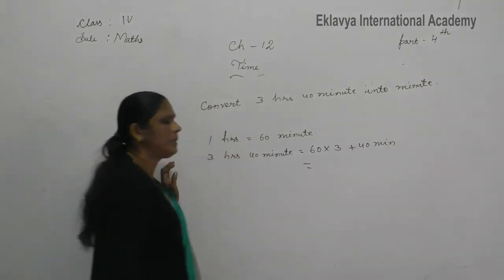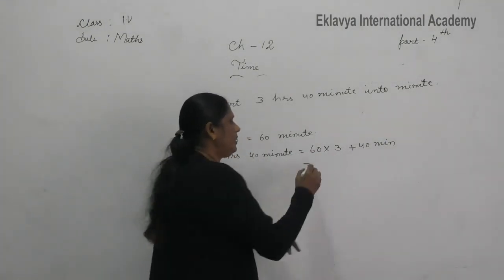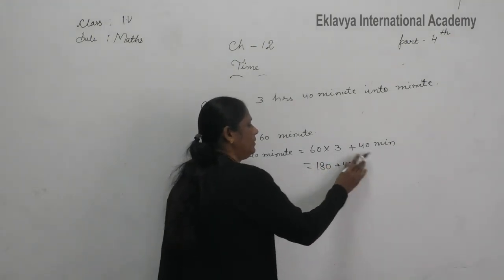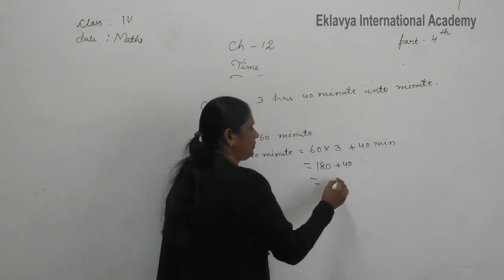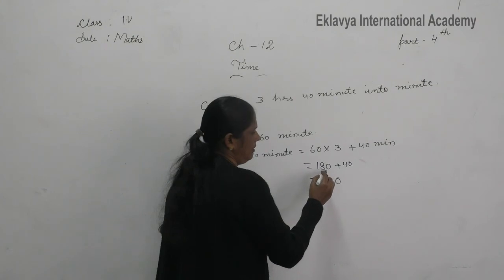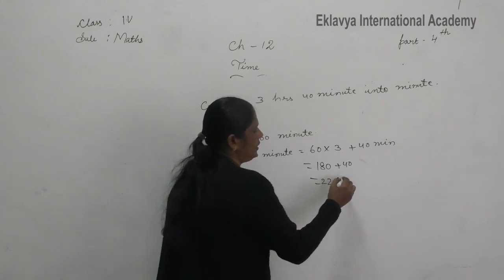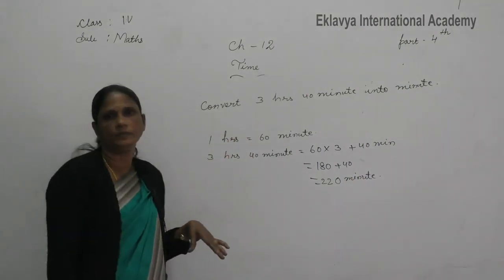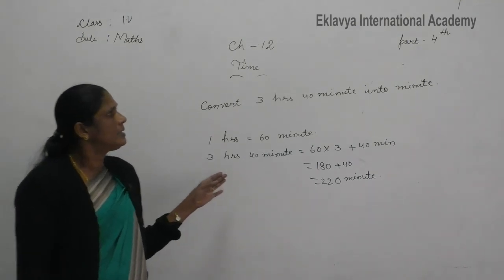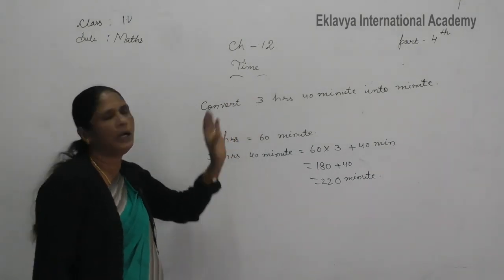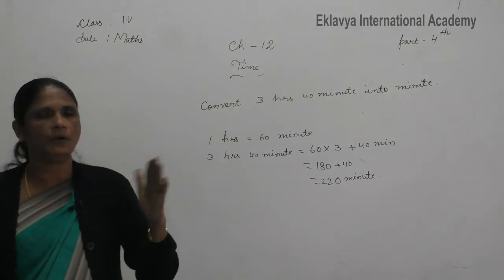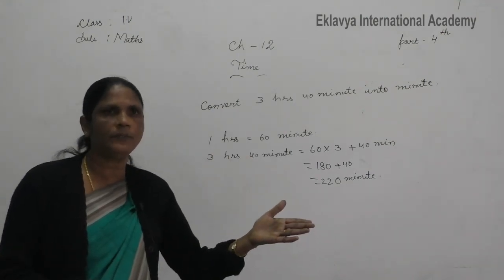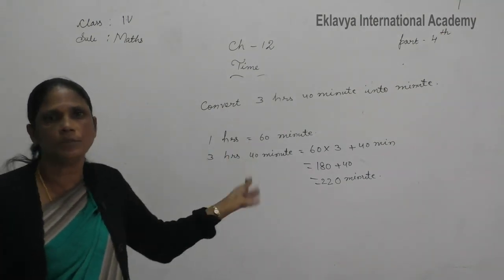First we multiply 60 times 3, which is 180, plus 40 is equal to 220 minutes. Understand? You already learned how to convert minutes into hours, hours into minutes, minutes into seconds, and seconds into minutes. These we already discussed in the previous class.